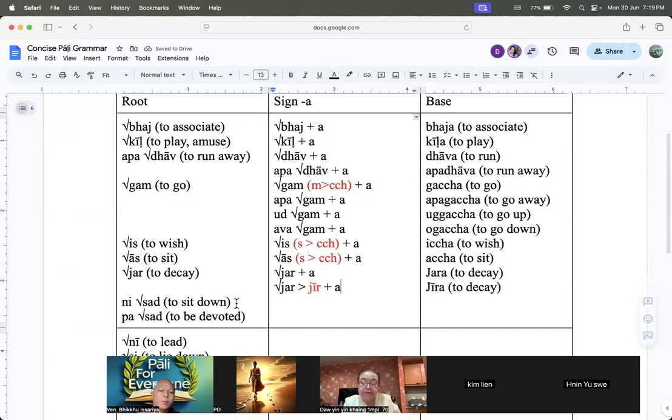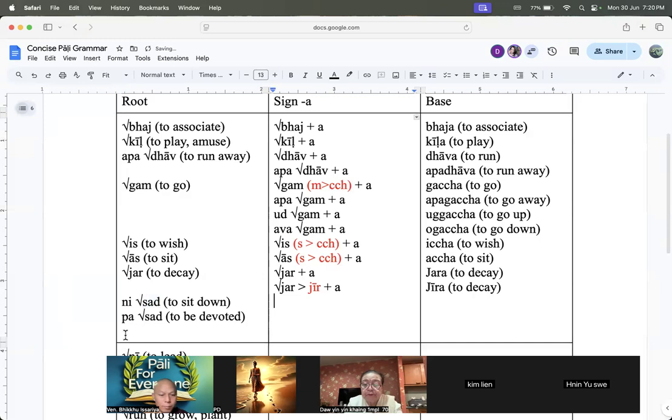So now the next root. Actually this root sad is rarely found without a prefix in Pali, always together with a prefix. So now it needs a prefix.